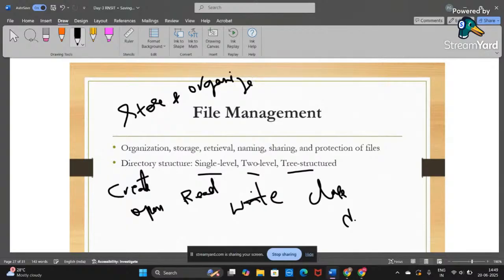These are the file operations. Then the file attributes.